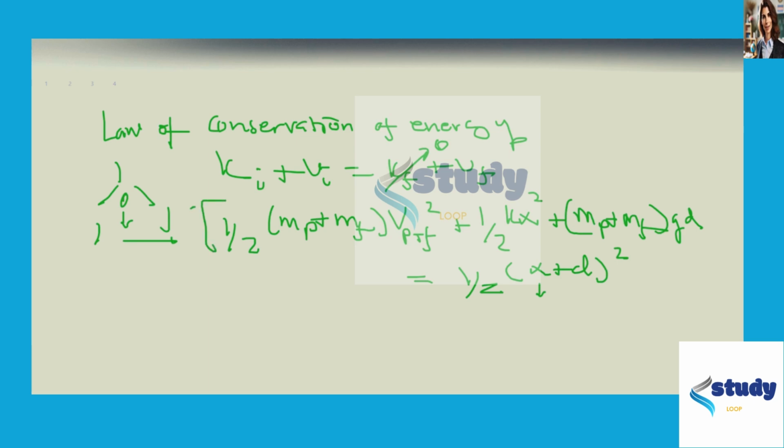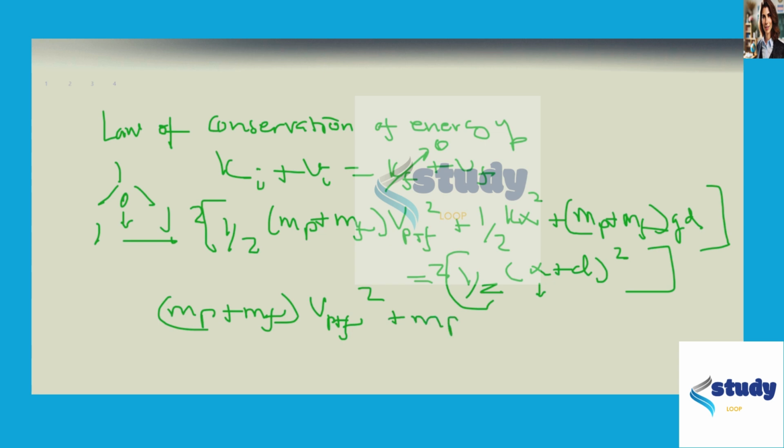So the whole side, we multiply by 2, and then this side we multiply by 2. So we end up with mp plus mf Vp plus f squared. And then we'll put the other mp plus mf next to it, gd. And this is a plus, sorry. And then plus 1/2 kx squared. That happens to be x plus d squared, like that.